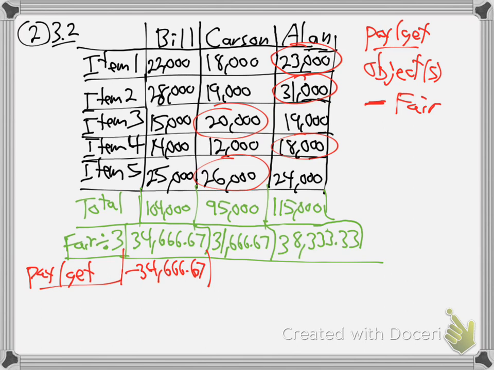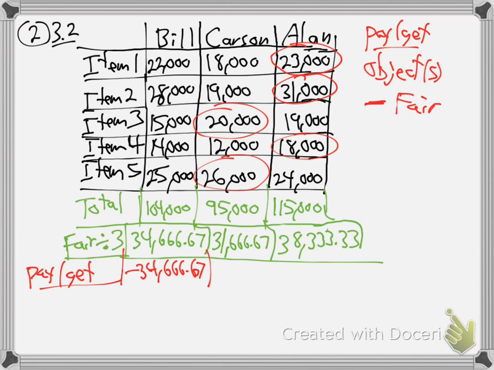So it's objects minus fare. So you add up the 20,000 and the 26,000, do it separately, and then you subtract it from 31,000. No dividing. All you do for pay get is objects minus fare. Alright. Good? We all making sense?